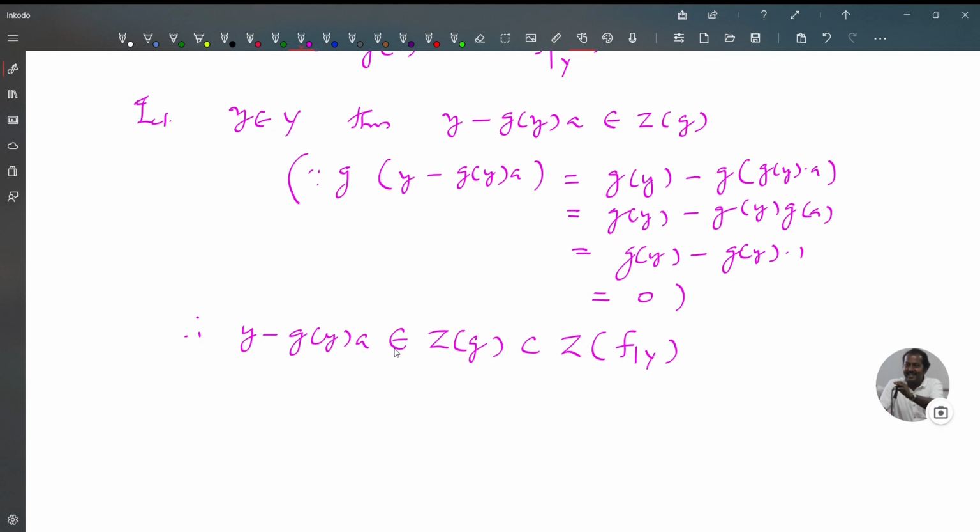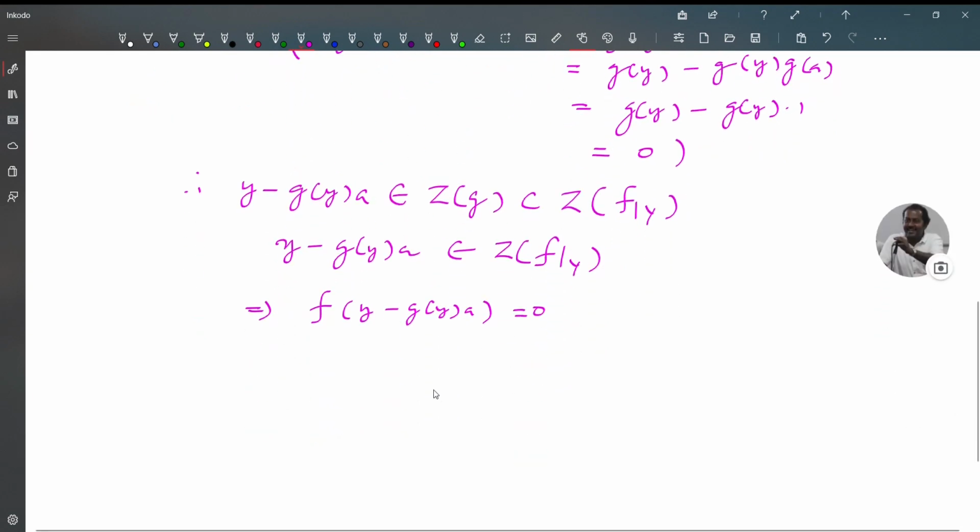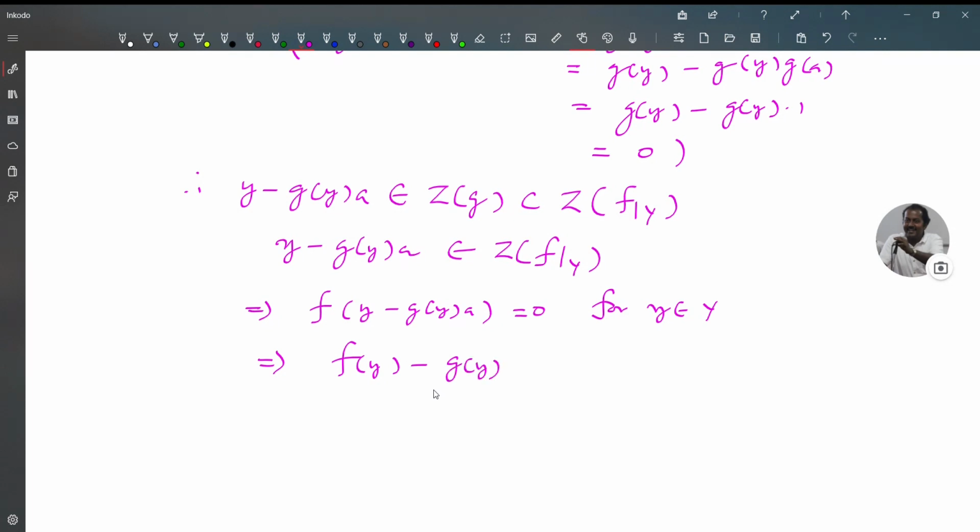Now y minus g of y into a belongs to the zero space of f restricted to Y implies f of y minus g of y into a is equal to 0. So this implies, since f is linear, this is for y in Y, f of y minus g of y into f of a is equal to 0. And you know f of a is 1.